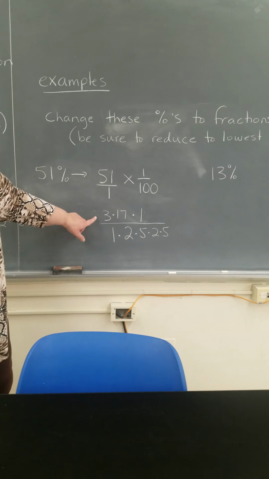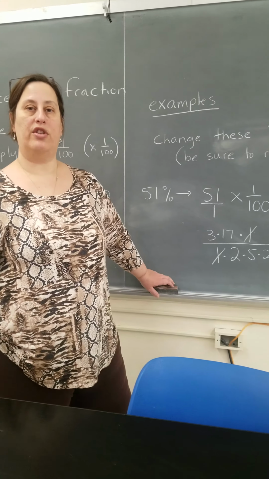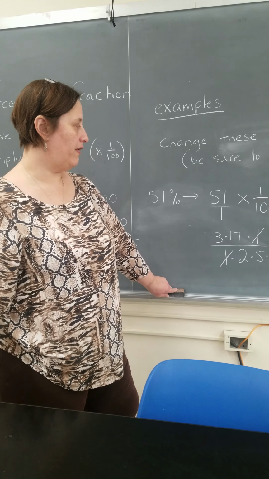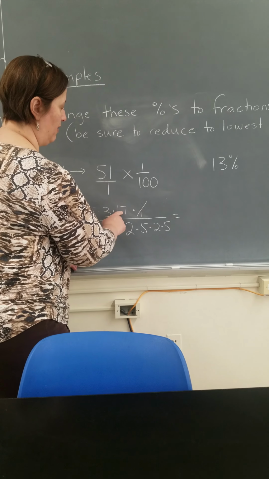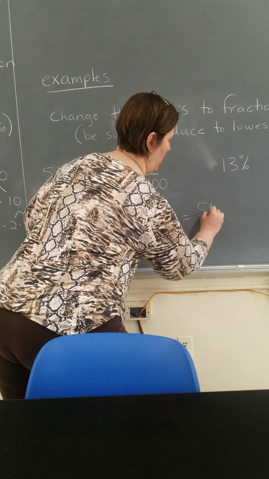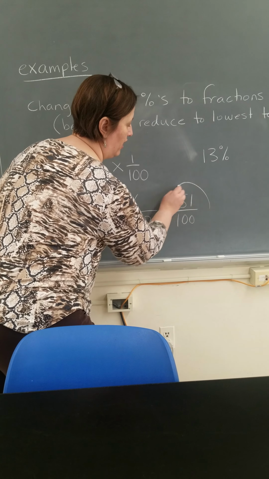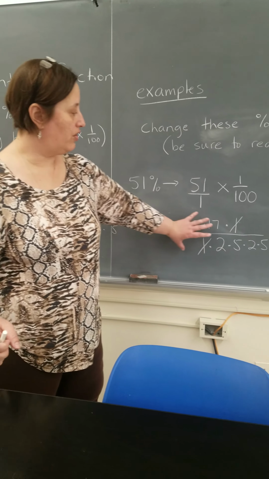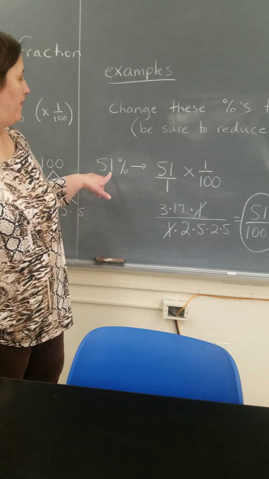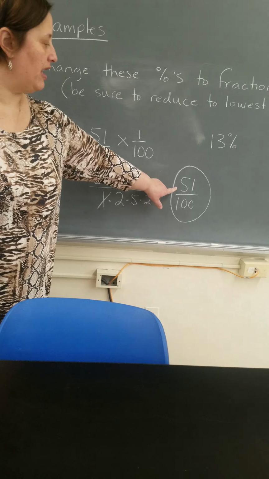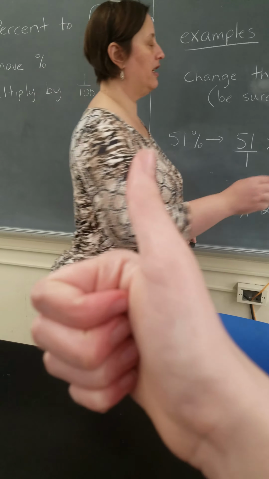All right, so if we look at this problem, aside from the 1, there unfortunately isn't anything else that we can cross off. So what we're left with for an answer, 3 times 17 is 51. And 2 times 5 times 2 times 5 is 100. This is fully reduced. How do we know that it's fully reduced? Because we crossed off everything that we could cross off over here. Okay, so 51% is the same thing as 51 over 100. All right, so that is our first example.